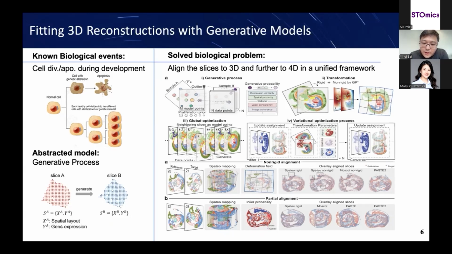For the other parts, we still get a good alignment result. So in this scenario, local alignment seems more biologically reasonable than global alignment. So we just use the generative process to do the 3D reconstruction.